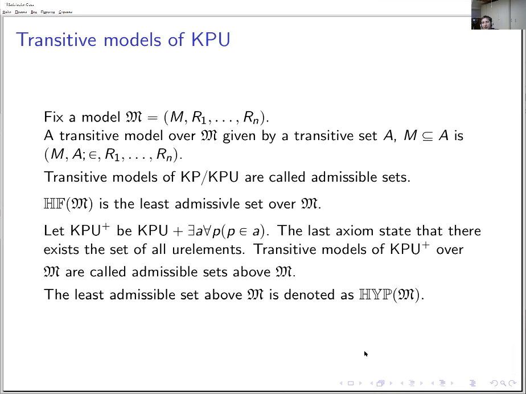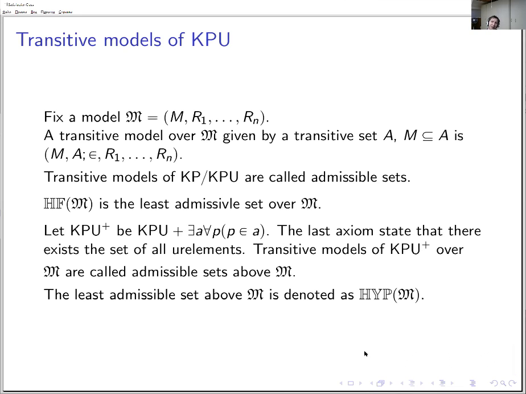As in the case of KP, HF of M is the least admissible set over M. HF of M is just, as discussed, the setting for finite computation over a given structure.